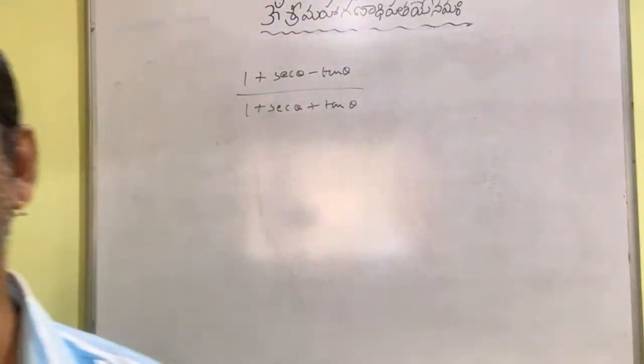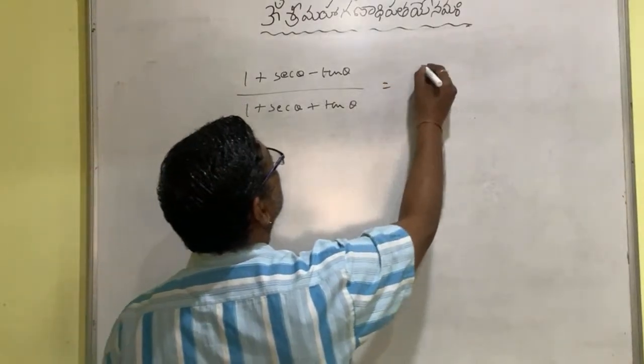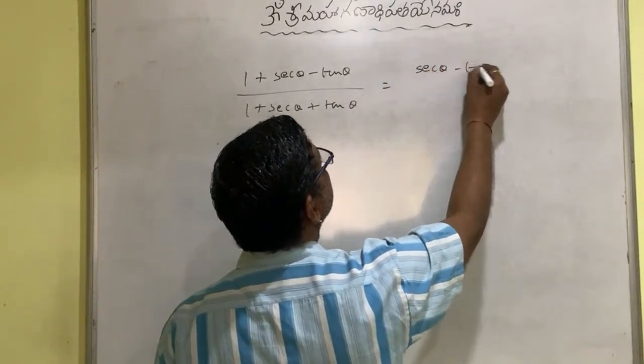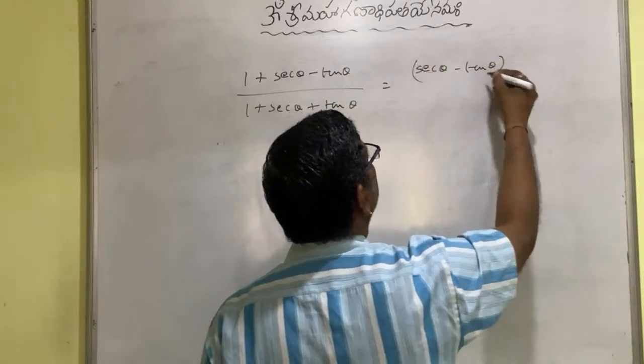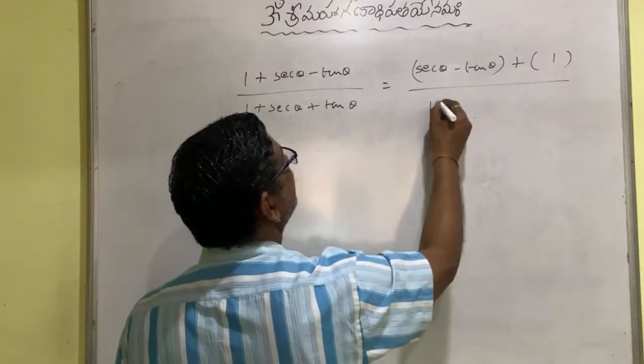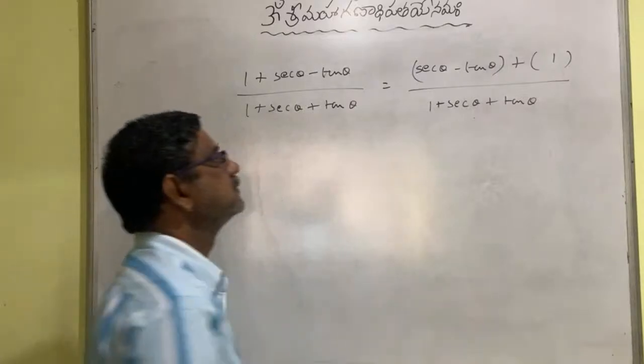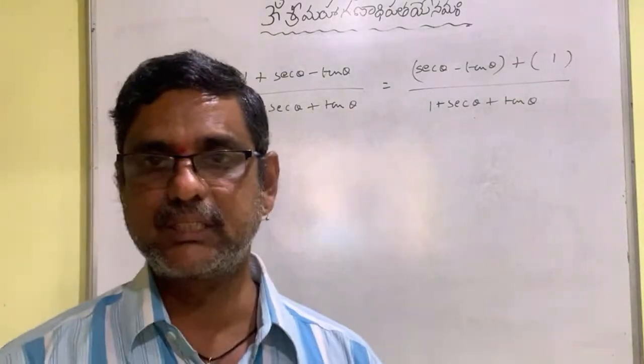Okay, how to do this problem? Just secant theta minus tan theta in one bracket plus 1 in another bracket, by denominator as it is.